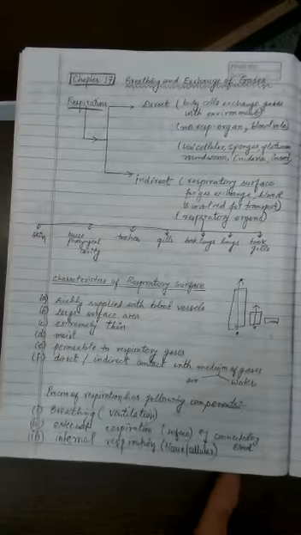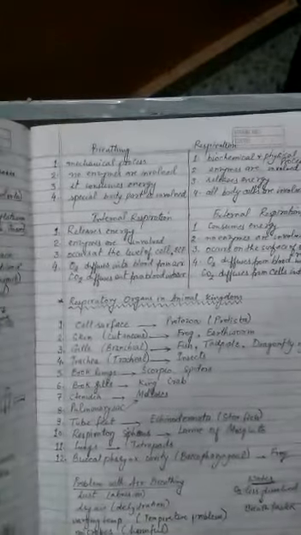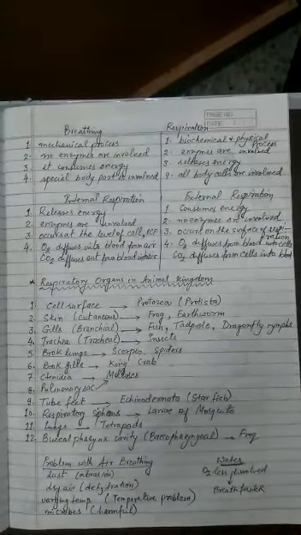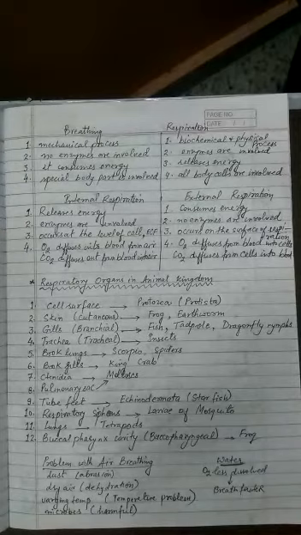So after breathing comes external respiration, and then we have internal respiration, and both these respirations are connected with the help of the blood. Now breathing and respiration are somehow two different concepts. So let's first understand the minor difference between breathing and respiration. Breathing is a mechanical process, but respiration is a biochemical as well as a physical process.